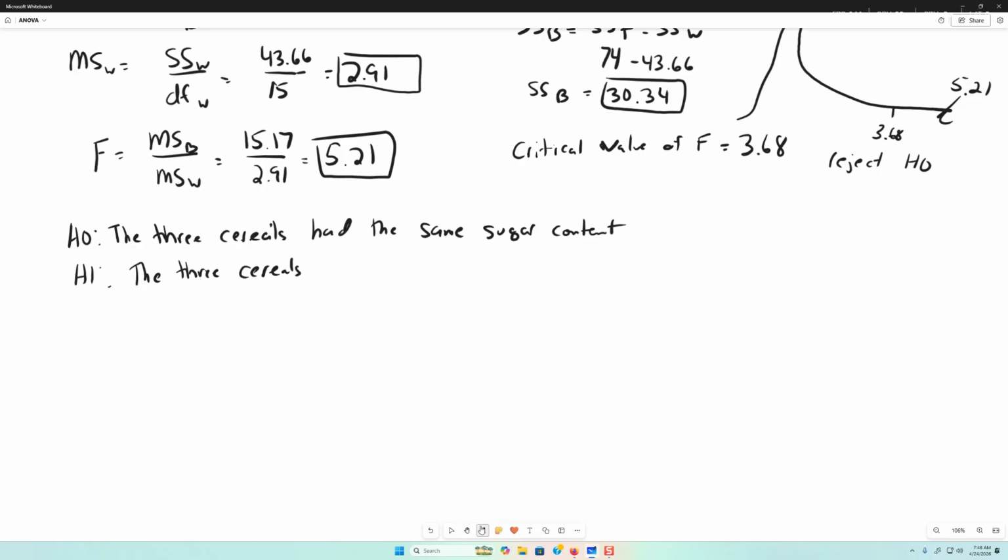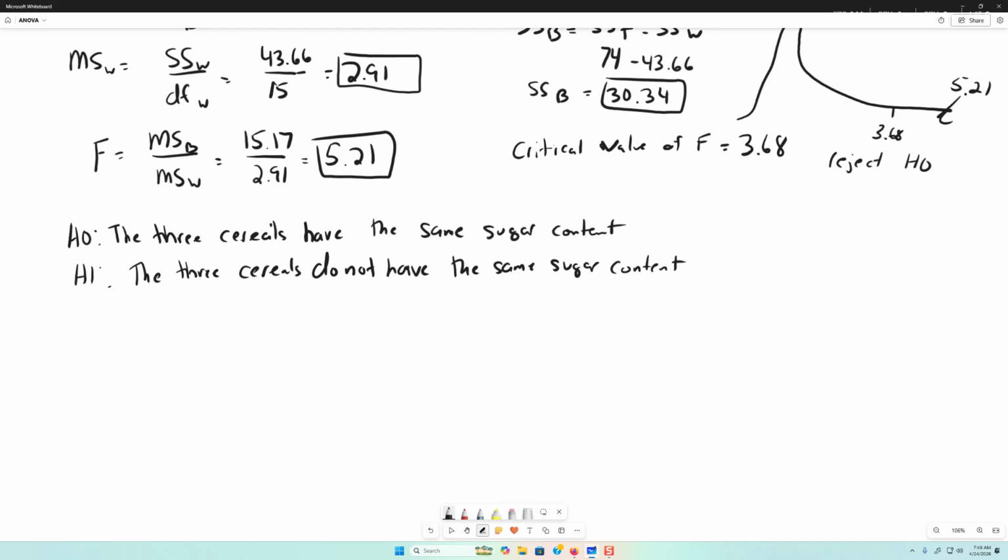Let's say "have" here instead of "had," because "had" is past tense. Or you can say they have different sugar content. It doesn't matter. The way I phrased it might have been a little bit awkward. So you could say the 3 cereals have different sugar content, or do not have the same sugar content, same as different. That doesn't tell you which ones are different from which other ones. It just says they're not all the same.